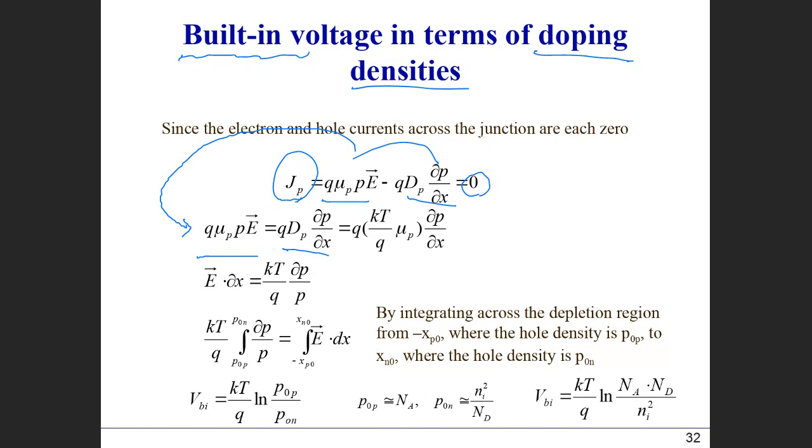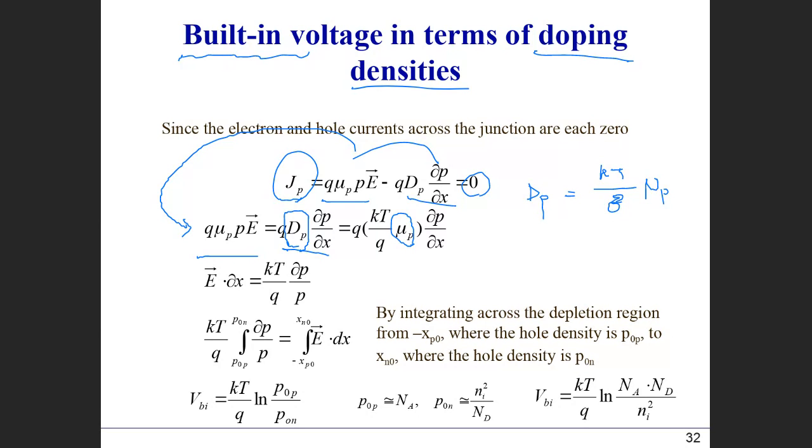Here we have the important relationship between the diffusion coefficient and the mobility. The diffusion coefficient can be related to kT over q and the mobility. If we know the diffusion coefficient, we can obtain the mobility, or if we know the mobility, then using this equation, we can calculate the diffusion coefficient.